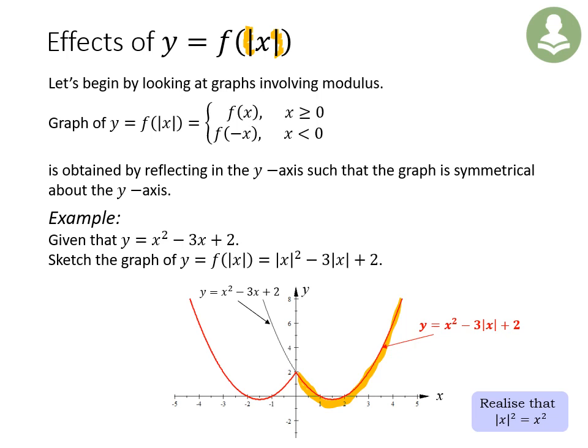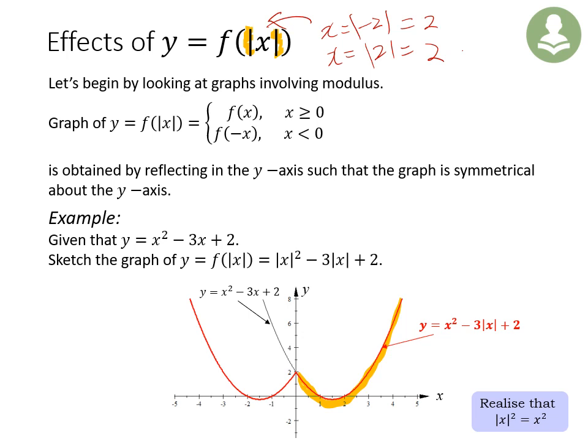So we first keep the positive part of the graph, and whether x ends up as a negative 2 input, it still gives rise to a positive input.